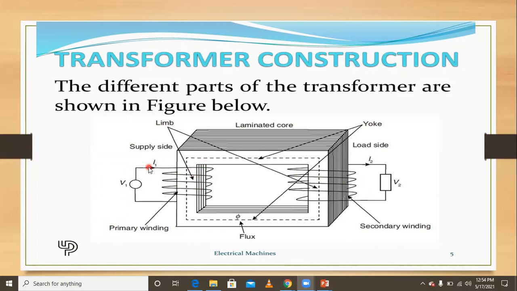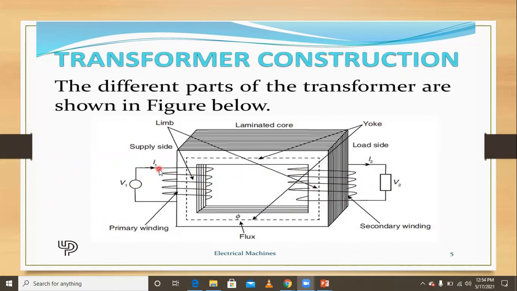V1 I1 is equal to V2 I2. For example, in a step up transformer, V2 is higher compared to V1. The secondary voltage is very high compared to the primary. That means the power level is not increasing. The multiplication V2 I2 is constant, the same as V1 I1.